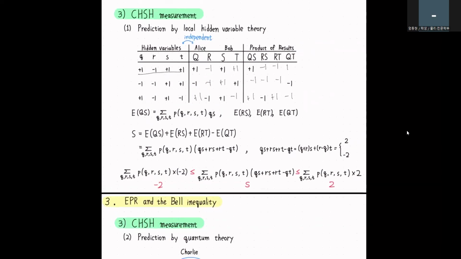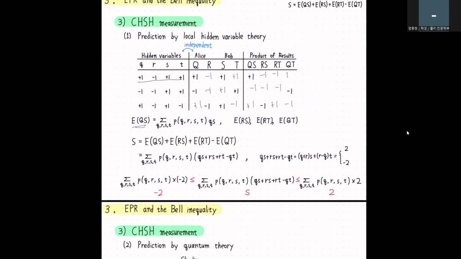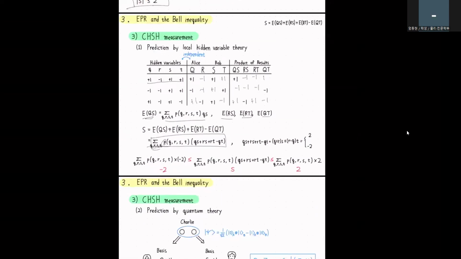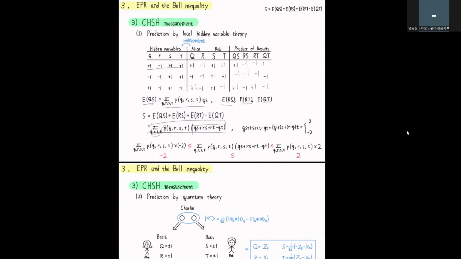So now we can calculate these expectation values using this expression here, and these expressions can be calculated in the same way. And so S can be represented as this, with P being the probability of a certain value of QRST. Now, if you look at this expression here, we can do some algebra and factorize it.